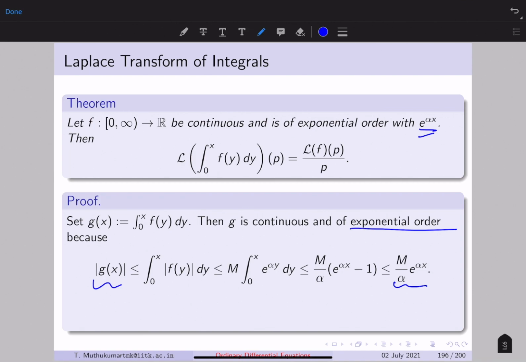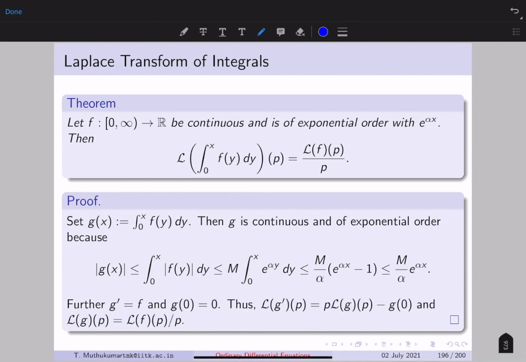So which means we can compute the Laplace transform of g, and g prime is f and g of 0 is 0. This we already observed, right? g prime is f. So now what is the Laplace transform of g prime? Because that's what you want here. This is g, but this f is g prime. So the Laplace transform of g prime is p times the Laplace transform of g minus g of 0. This is 0, so this term vanishes, and what remains is just this.